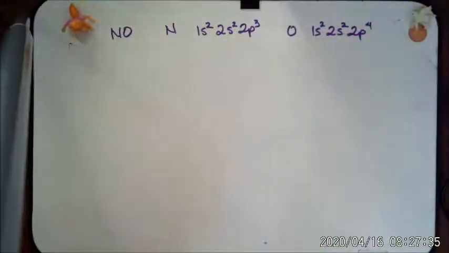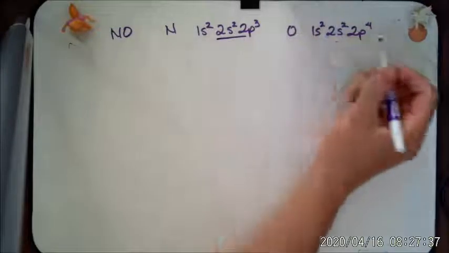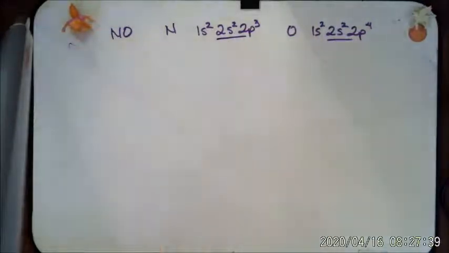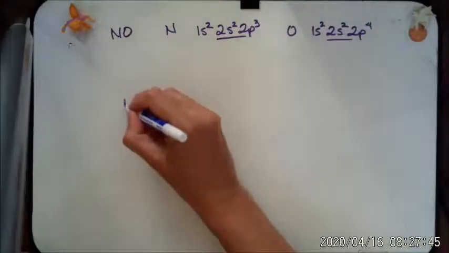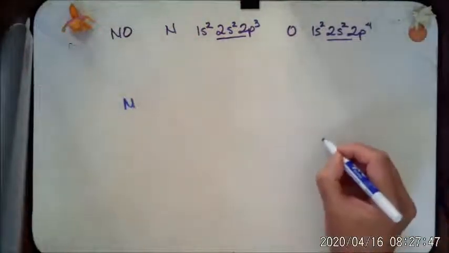Okay, we are going to look at our valence electrons. Okay, and since we said it was a weak interaction, here's my nitrogen, here's my oxygen.